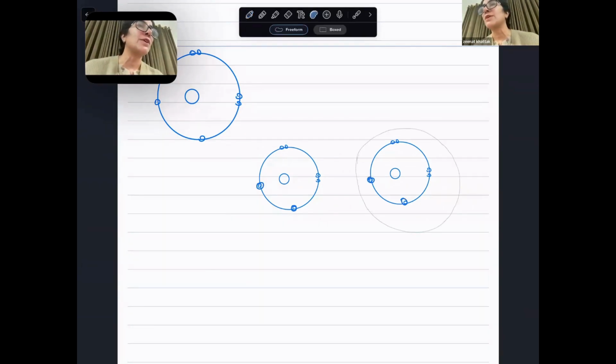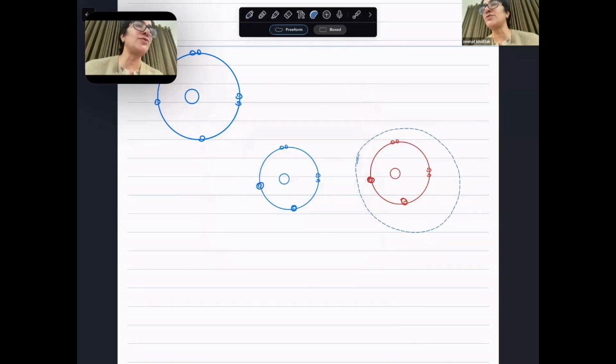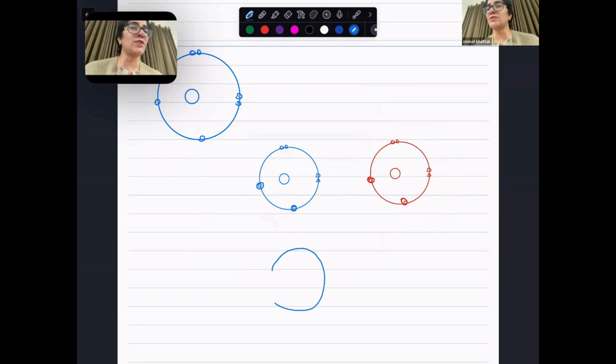This needs 2, the other also needs 2. So how can they help each other to complete their last shell? They will share 2 with each other. How? Look. This is oxygen.